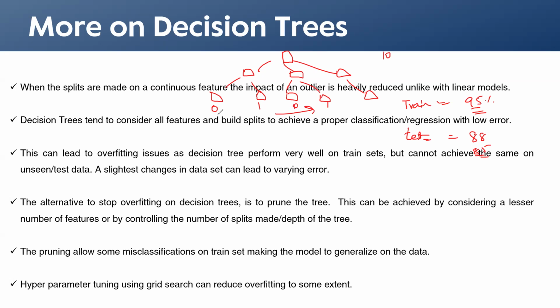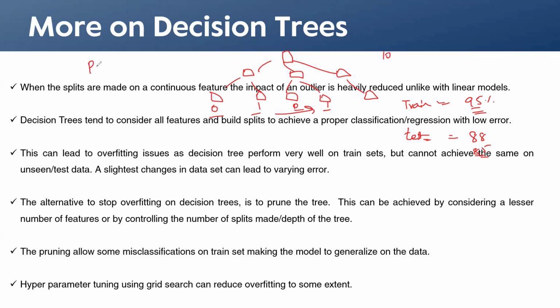Because of wrong data, too many outliers or too many wrong records, it will keep trying to classify until it reaches the point where each node has one class with zero impurity. But on the test data set, it doesn't follow the same rules. It might fail.